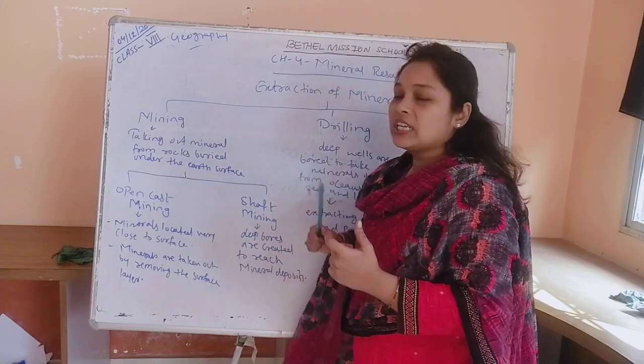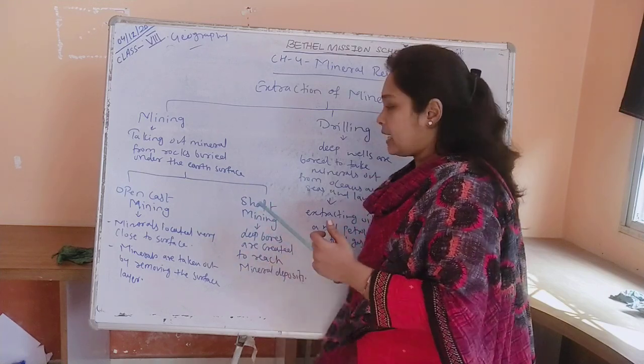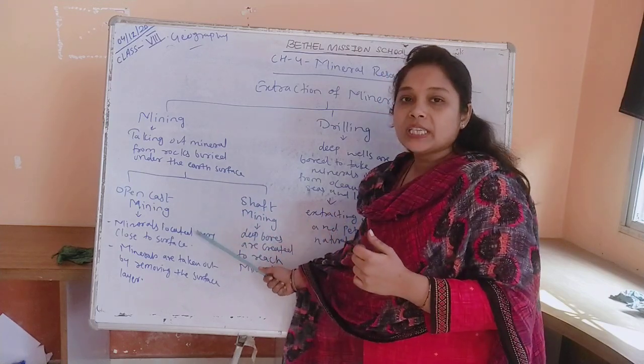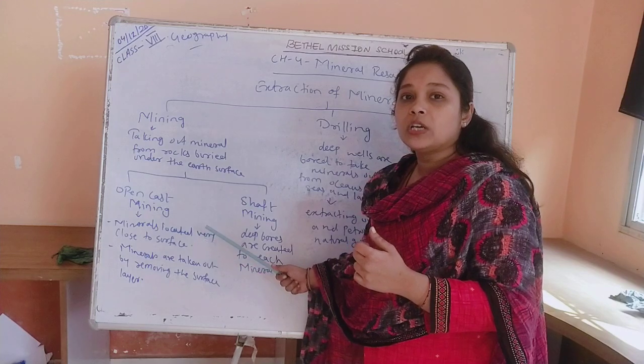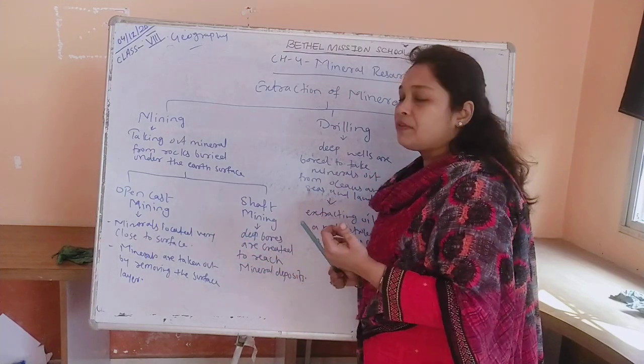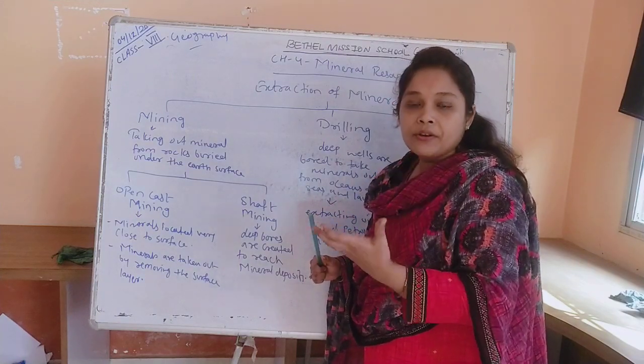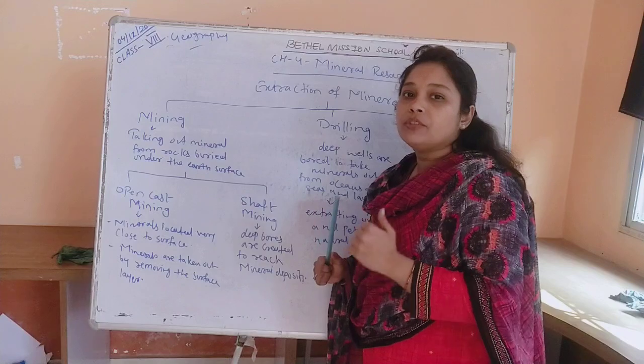So the first method is mining, and under mining we have two methods: open cast mining, used to dig out minerals near the surface of the earth, and shaft mining, where deep bores and tunnels are made to dig out minerals which are deep down in the earth.